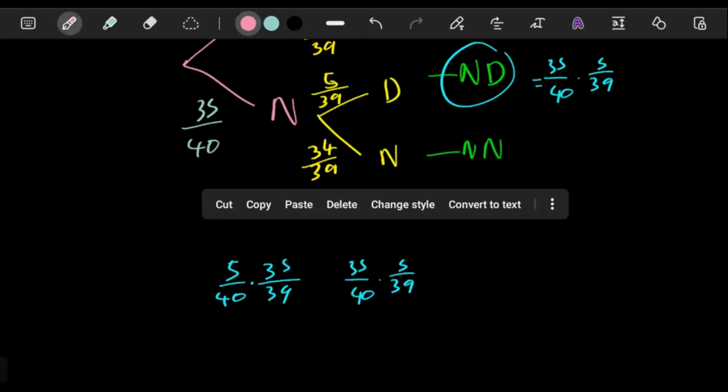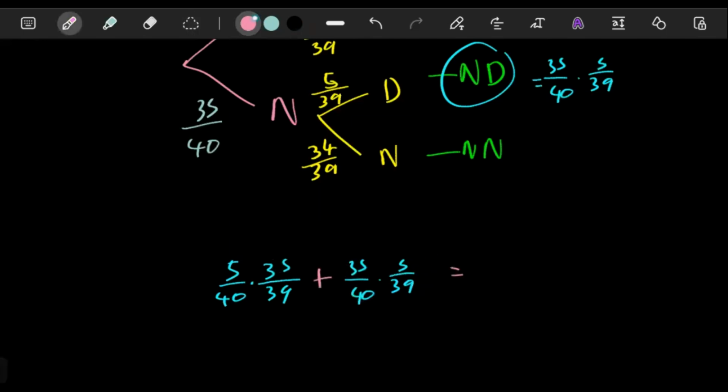So since you've done these 2, this plus this in your calculator, it gives 35 over 156. This is fine, it's the simplest form.